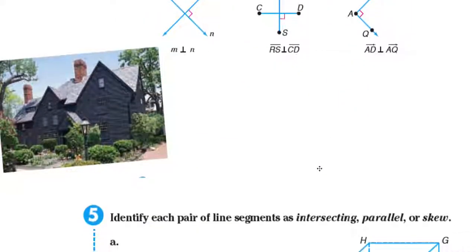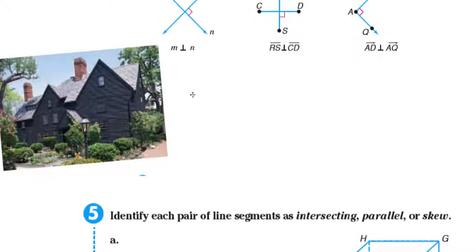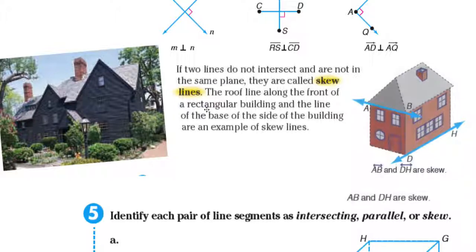And finally, the last piece of information that we need is what we call skew lines. If two lines do not intersect and are not in the same plane, they are called skew lines. So the roof line along the front of the rectangular building and the line of the base of the side of the building are an example of skew lines. So this is a line right here, line AB and line DH.